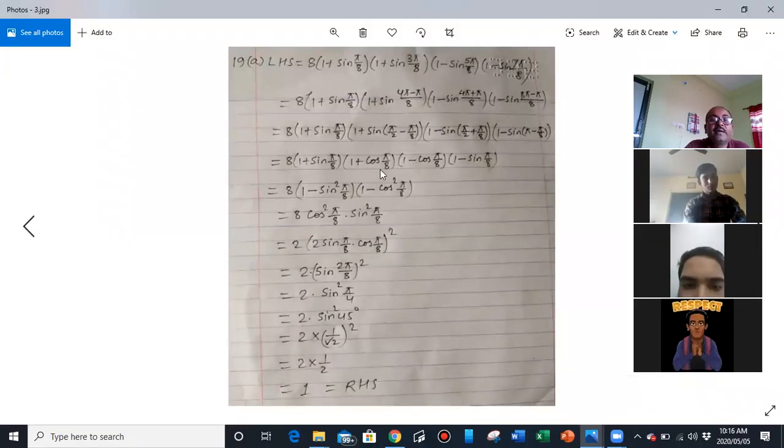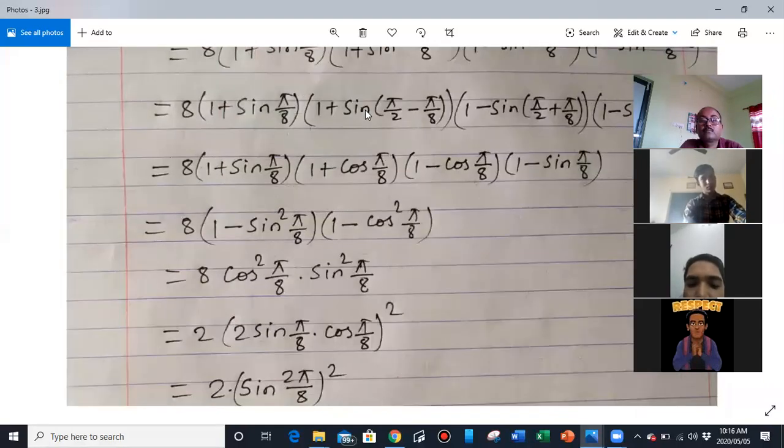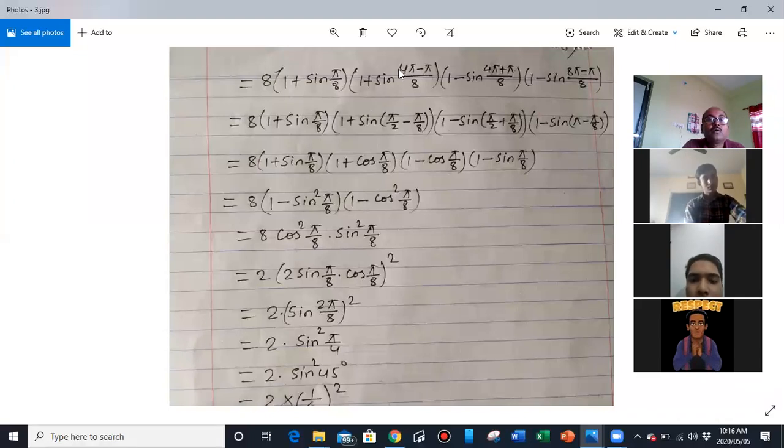This is 19a. 8 into 1 plus sin pi by 8, it is in radian, pi by 8.